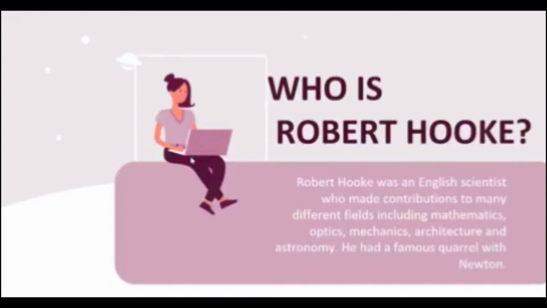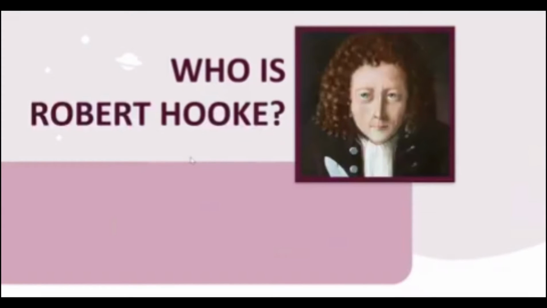Robert Hooke was an English scientist who made contributions to many different fields, including mathematics, optics, mechanics, architecture, and astronomy. And did you know he had a famous quarrel with Sir Isaac Newton? This is the portrait of Robert Hooke.